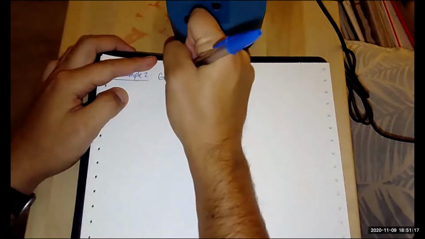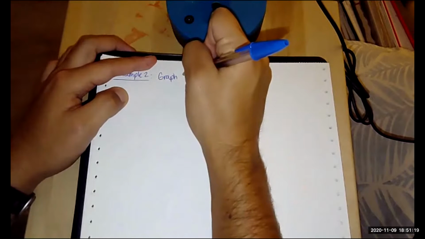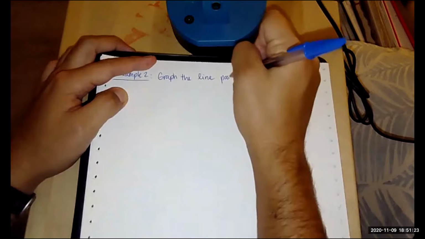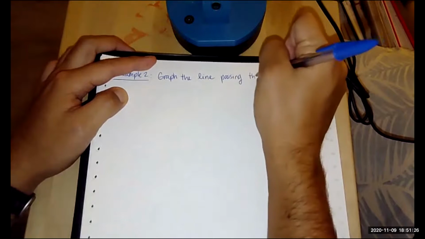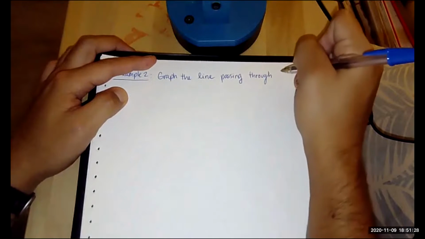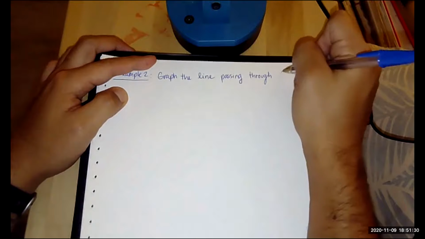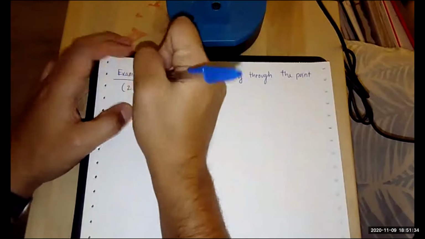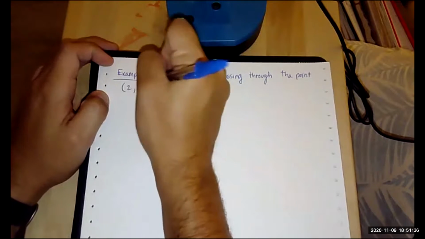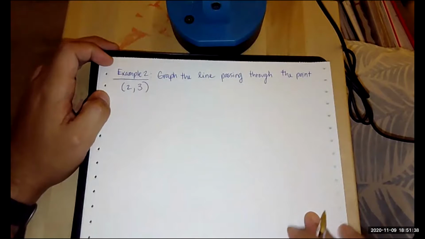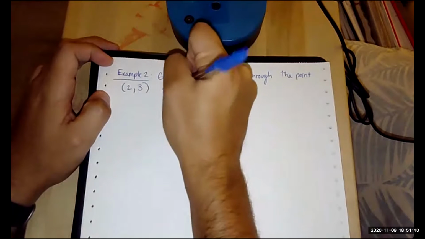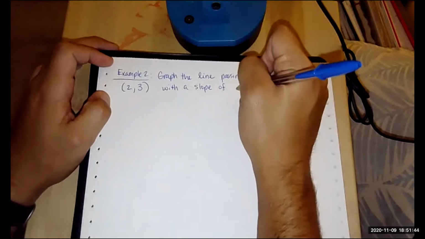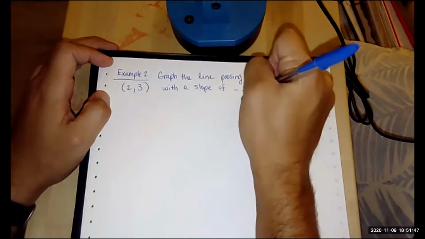First, I want to be able to graph the line passing through the point (2, 3) with a slope of -1/2.